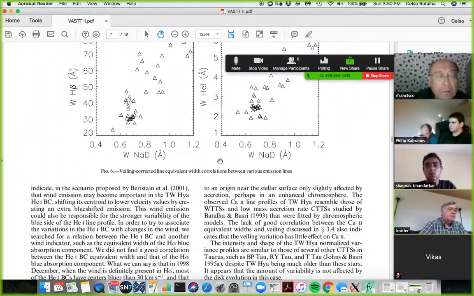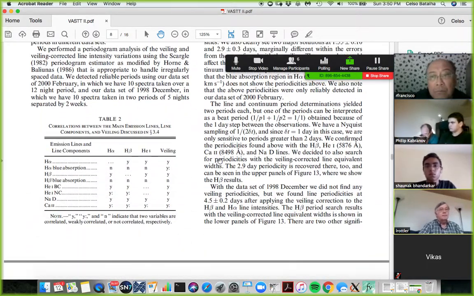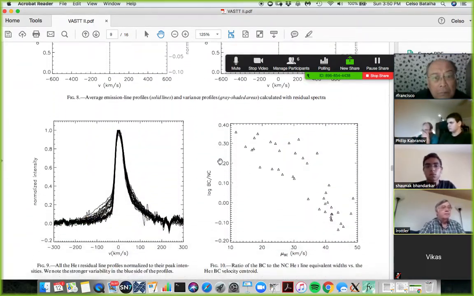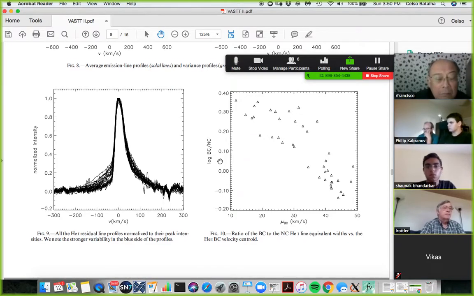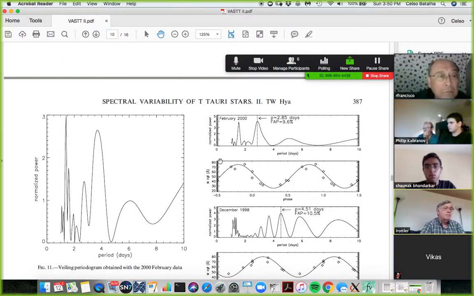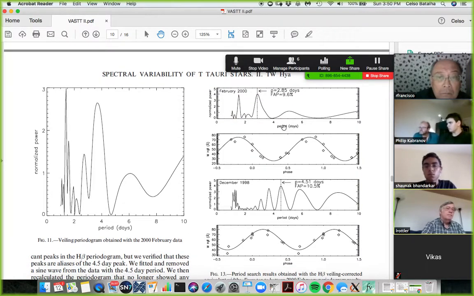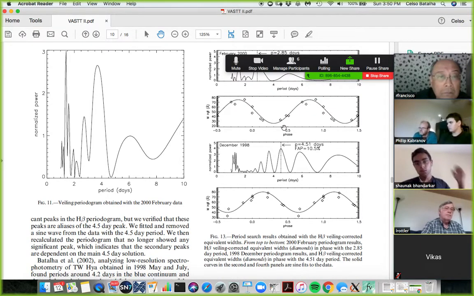I thought I had done some periodicity analysis here. Yeah, 2.85 days. H beta vein corrected.